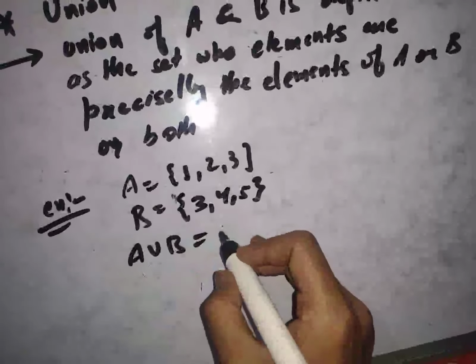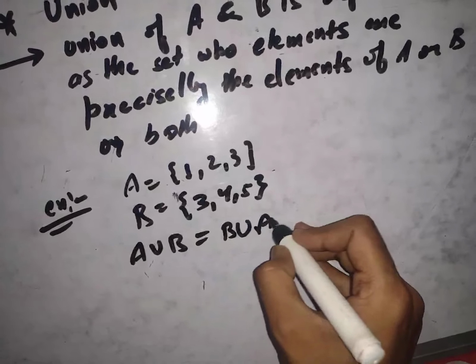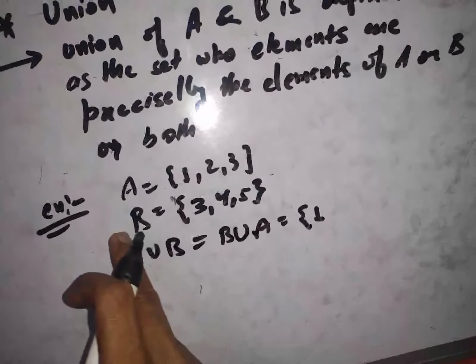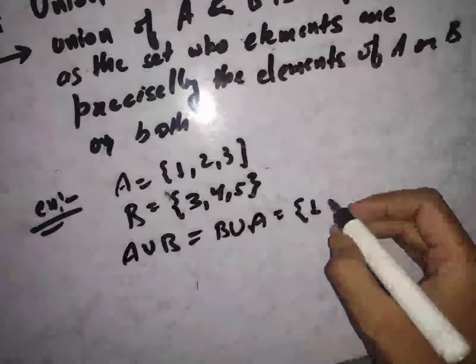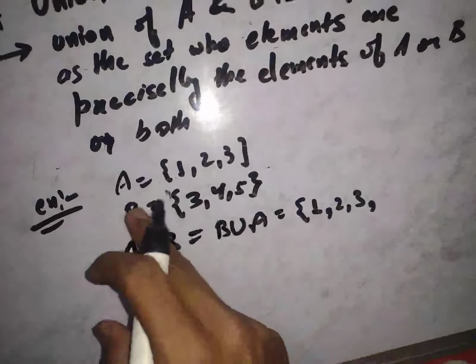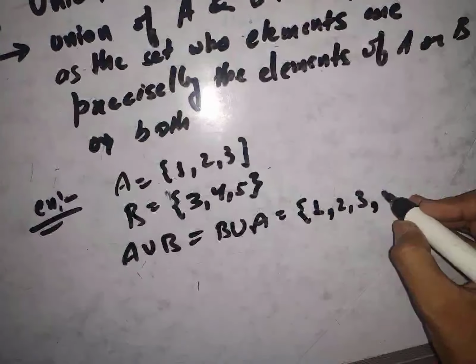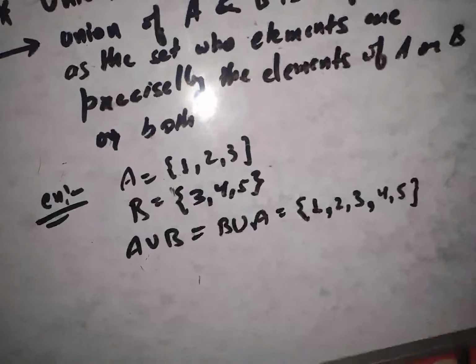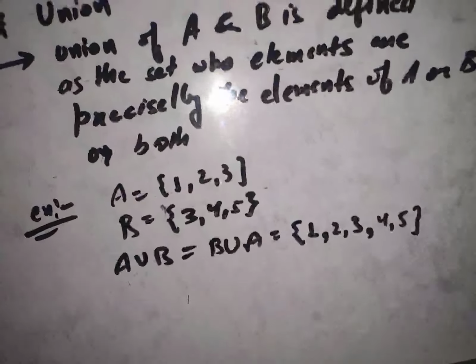So A union B actually equals B union A, and is a set that contains A and also contains B. So it contains 1, 2 and 3. Because it also contains B, it contains 3, 4, 5. So 3 is already here, so 4 and 5. So that's how a union is defined.